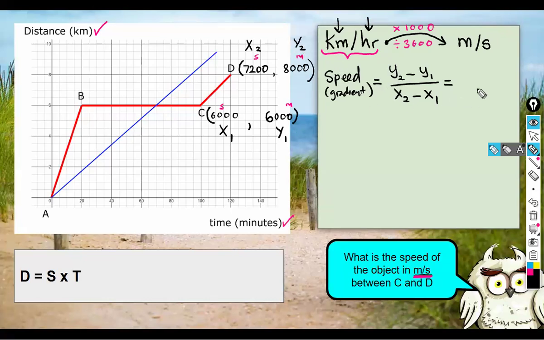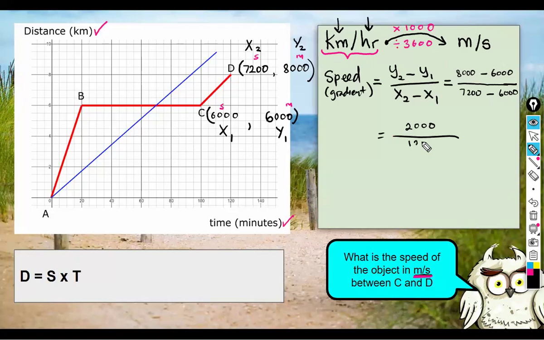Which one is y2 and which one is y1? So it's 8,000 minus 6,000. Don't let the big values scare you. Your calculators can handle the large values. X2 is 7,200 and X1 is 6,000. 8,000 minus 6,000 is 2,000.